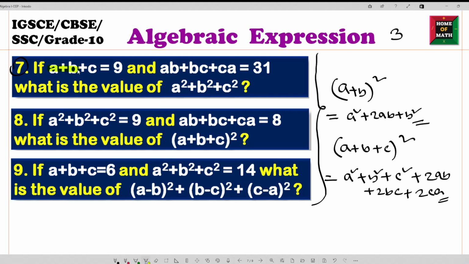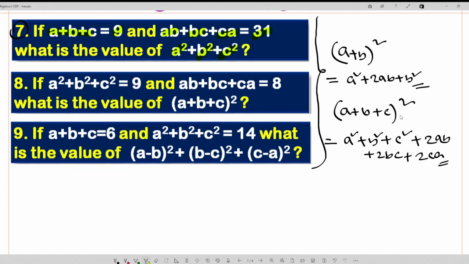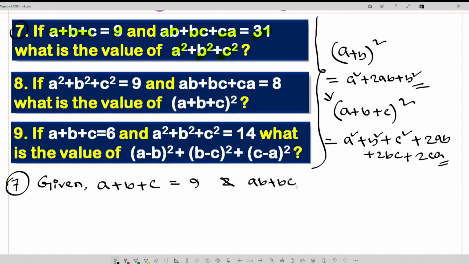First question: if a + b + c = 9 and ab + bc + ca = 31, what is the value of a² + b² + c²? Previously I told you we are going to solve all maths based on (a + b + c)². So given a + b + c = 9 and ab + bc + ca = 31.